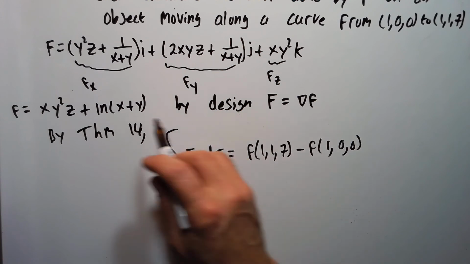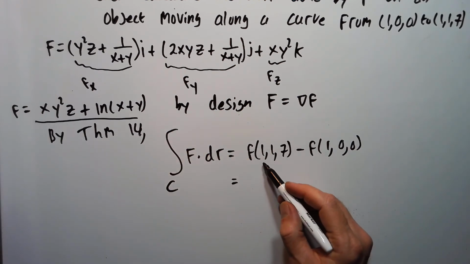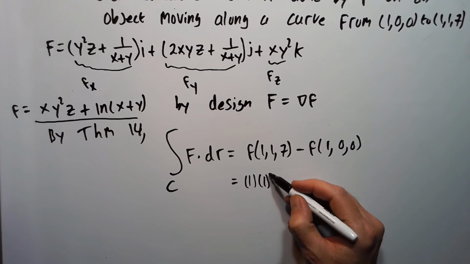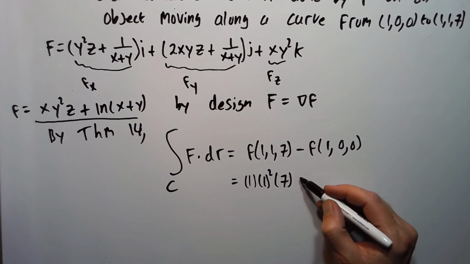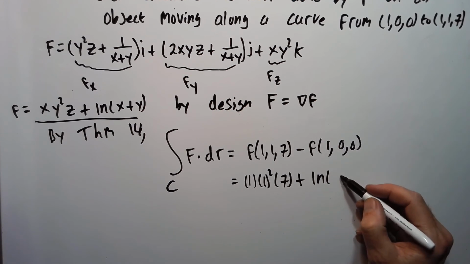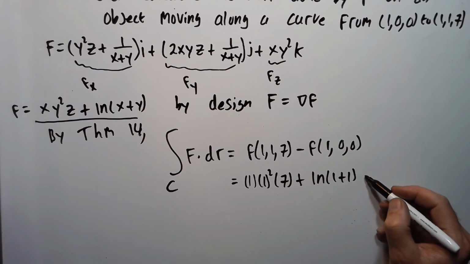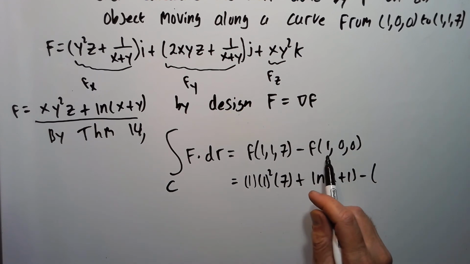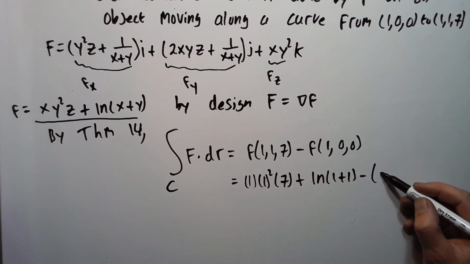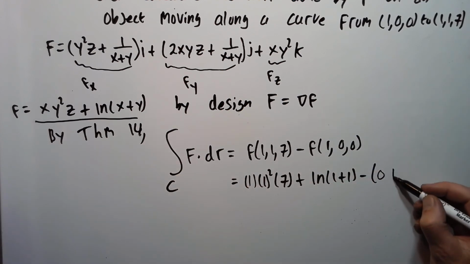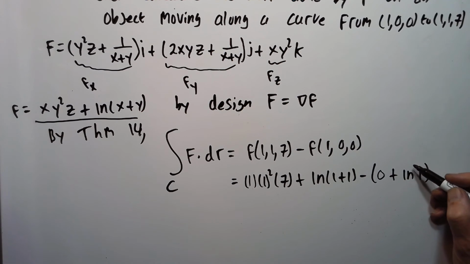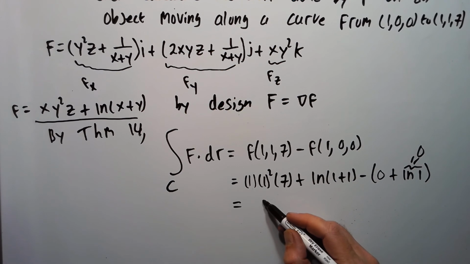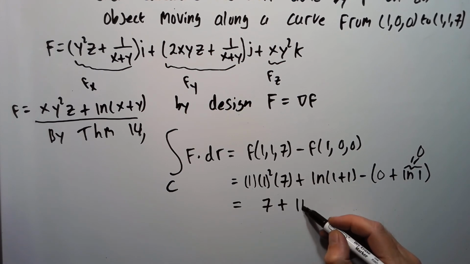So plugging into this guy up here, x is 1, y is 1, z is 7, so it'll be 1 times 1 squared times 7 plus ln of x plus y, so it'll be 1 plus 1, then minus, now putting 1 in place of x, 0 in place of y, so it'll be 0 for this guy, plus ln of 1, but ln of 1 is 0, so we get 7 plus natural log of 2.